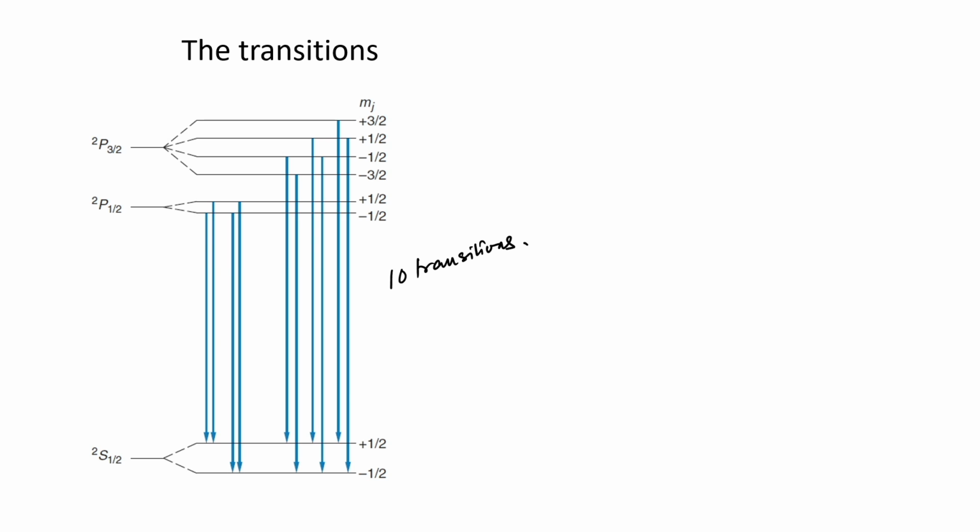And in this particular case, the energy splitting is given by this. So, this is for large magnetic field, but anyway that is not required because we are not talking about large magnetic field. So, let us just keep it here itself that there are 10 transition lines.